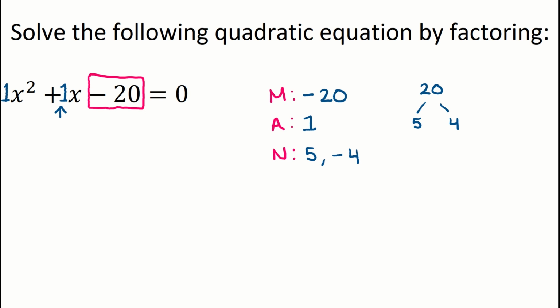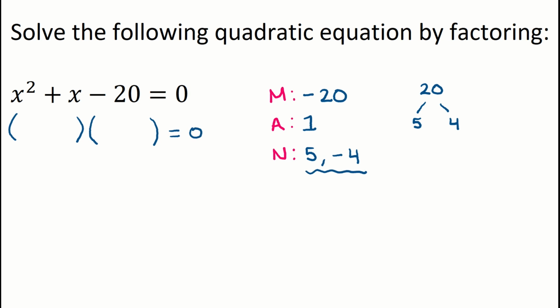So what are we going to do with those numbers? Well, let me just clear this so that we can start with a clean slate. We're going to plug those numbers back into the equation. So we're going to make two brackets. Both of those brackets are going to start with an x, and then they'll have the numbers from over here.